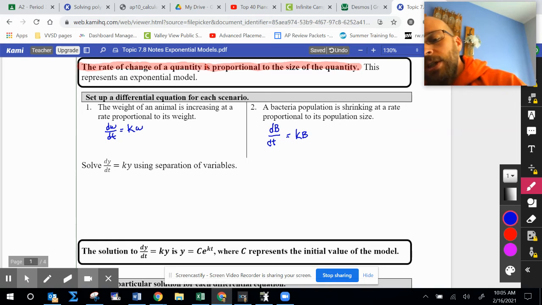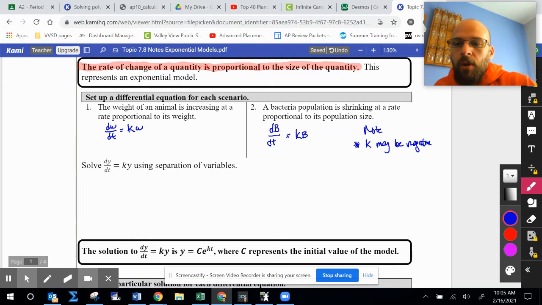Now, for this one, note k may be negative because it's going to decrease. If it's something that's getting smaller and smaller, your k value may end up being negative. If it's increasing, your k value will end up being positive.